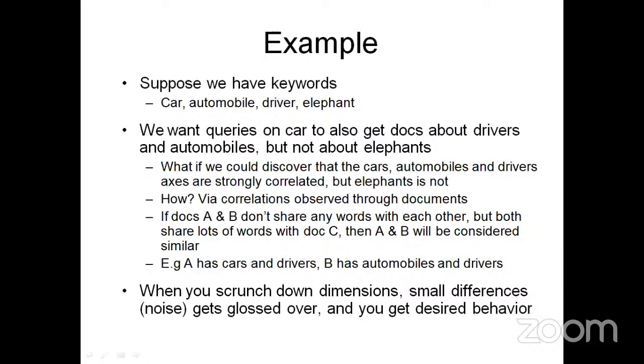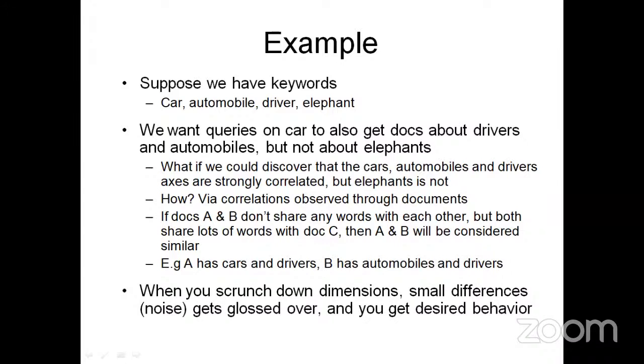So some examples. Suppose we have keywords like car, automobile, driver, or elephant. We want queries on a car to also get docs about drivers and automobiles, but not elephants, because they are related. What if we could discover that the car, automobile, and driver axes are strongly correlated? Yes, they may be correlated, but the elephant will not be correlated. How? Via correlations observed through the documents.